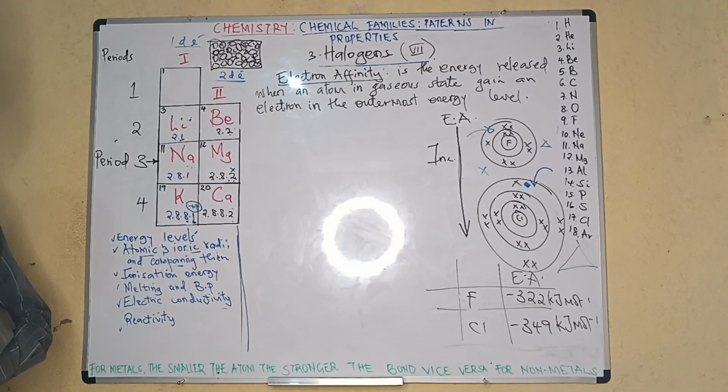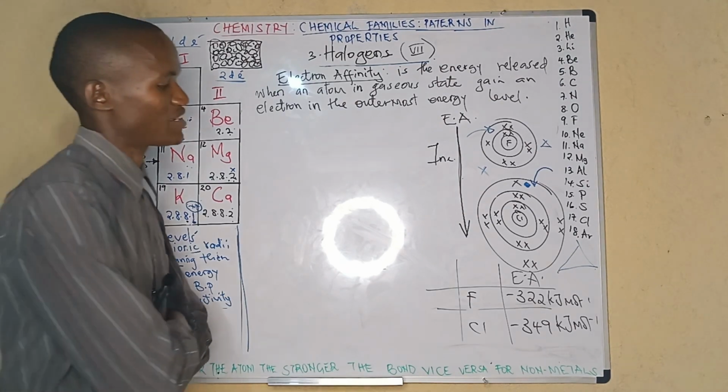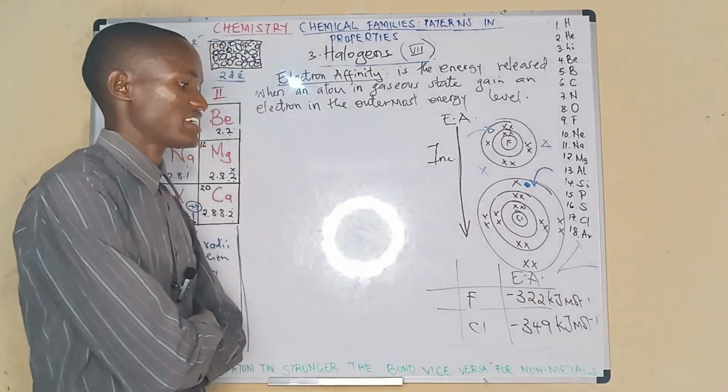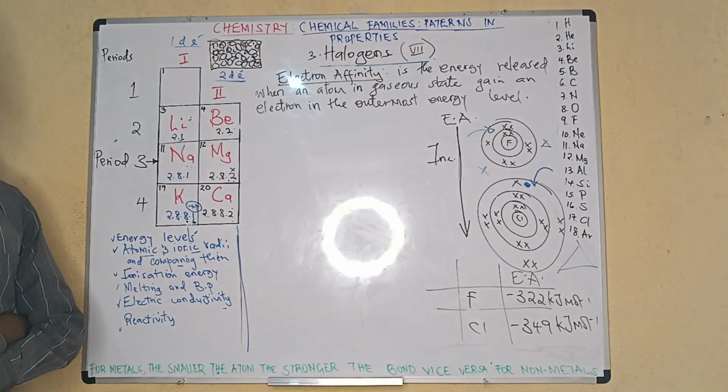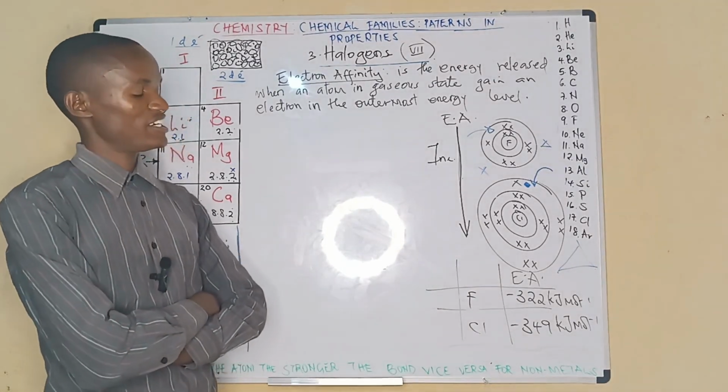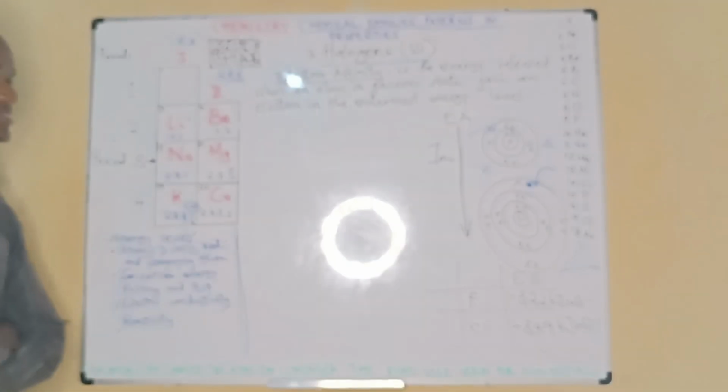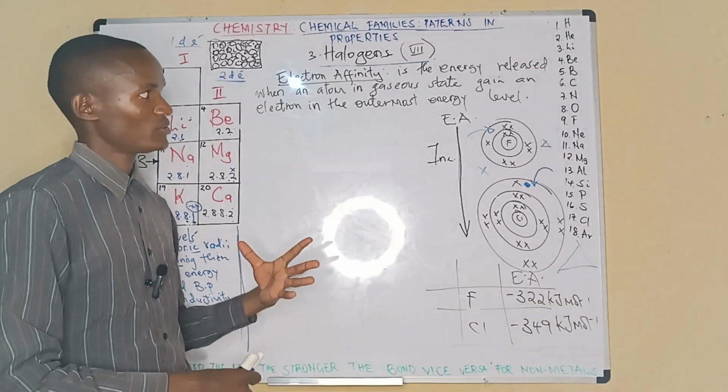And the question is, how is the trend? You talked about the energy being released. So this topic involves some enthalpy changes. That is a Form 4 topic, because now we have to determine whether the reaction is exothermic or endothermic.